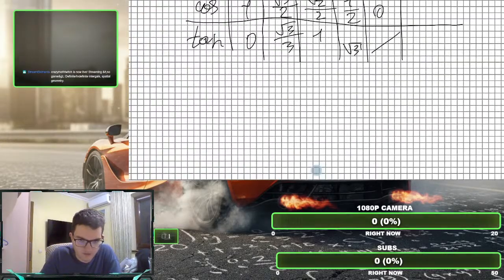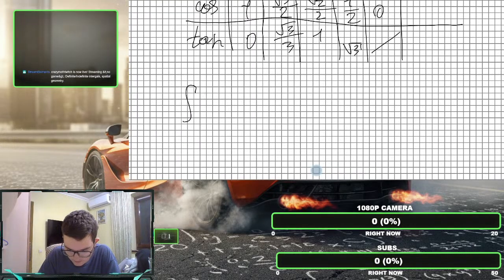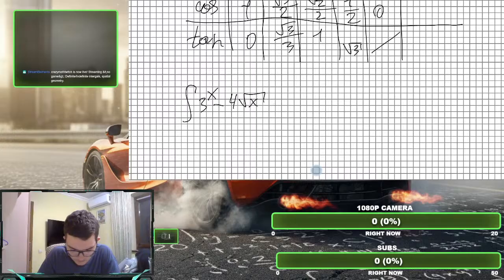So derivative is, integral. Integral of 3 to the power of x minus 4 square root of x plus ln of x plus c.